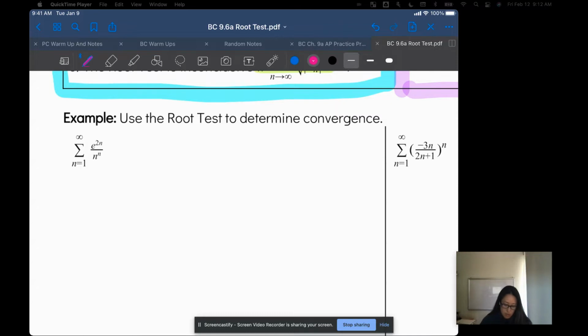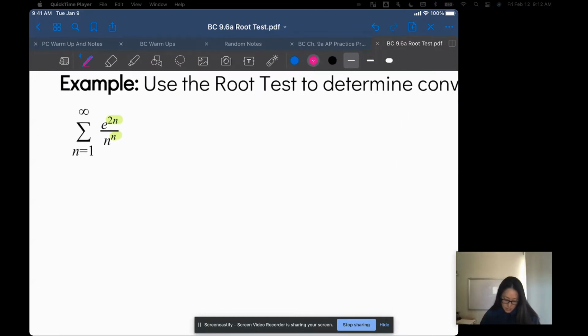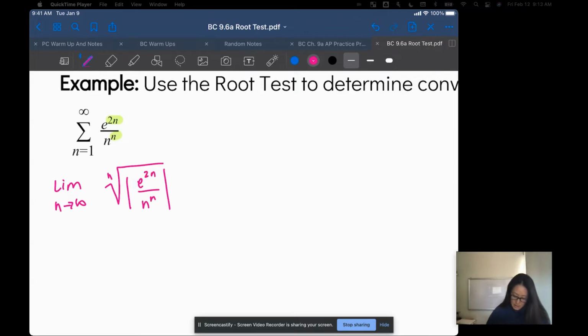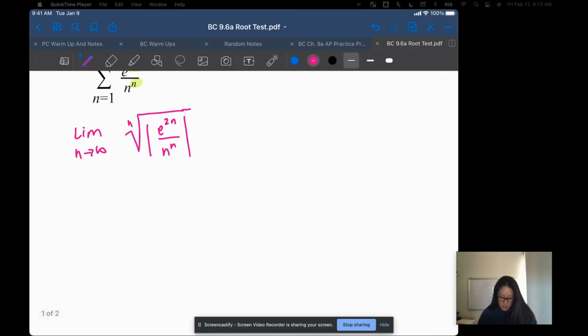Okay, so I'm going to use the root test to determine convergence. I notice that I'm raising my e to the n and my n to the n, so I am going to use the root test here. I'm going to use the limit as n approaches infinity of the nth root of the absolute value of e to the 2n over n to the n. And that will basically cancel out my powers of n.